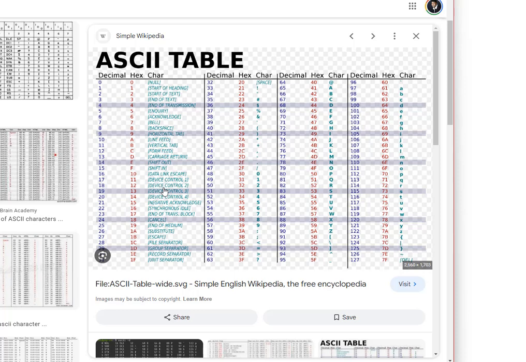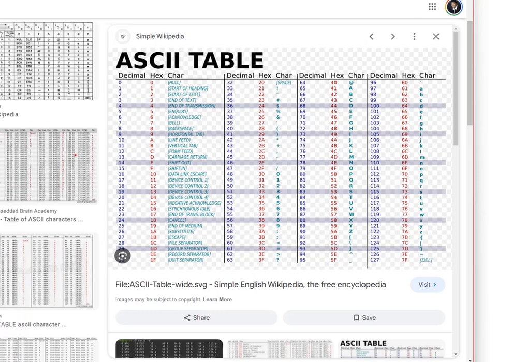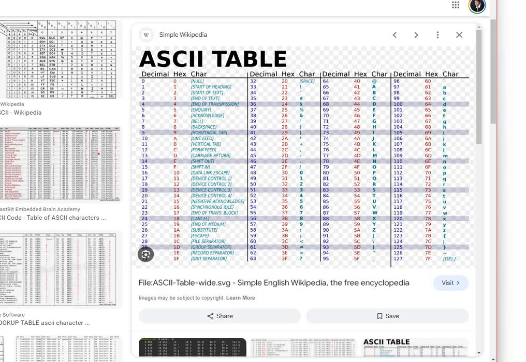It turns out that there's another kind of table that is also used, and this is called the Unicode table. Let me see, I hope I can get a nice example of this.